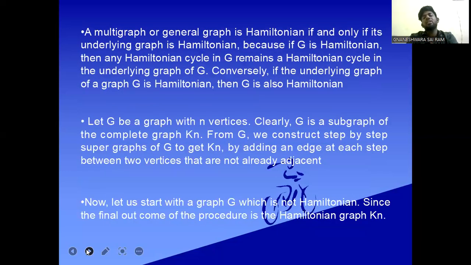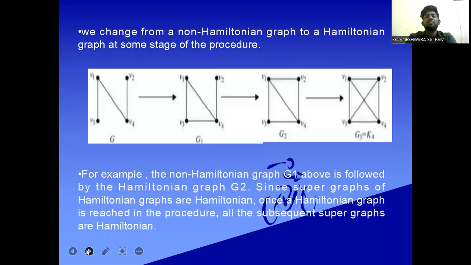A multigraph or general graph is Hamilton if and only if its underlying simple graph is Hamilton. Because if G is Hamilton, then the Hamilton cycle of G remains a Hamilton cycle in the underlying graph of G. Conversely, if the underlying graph of G is Hamilton, then G is also Hamilton.